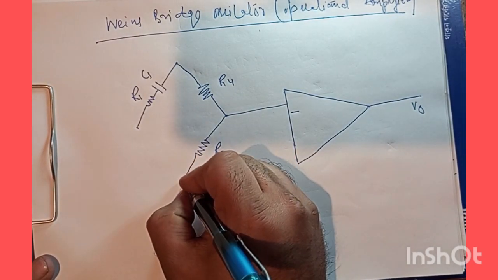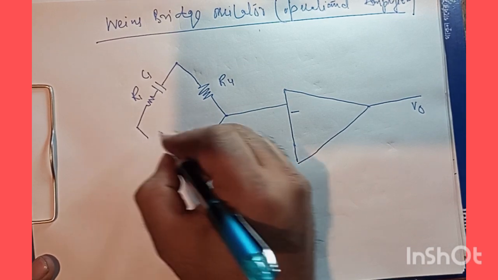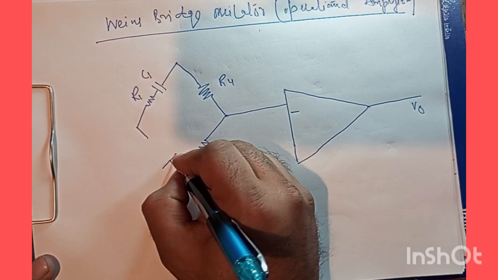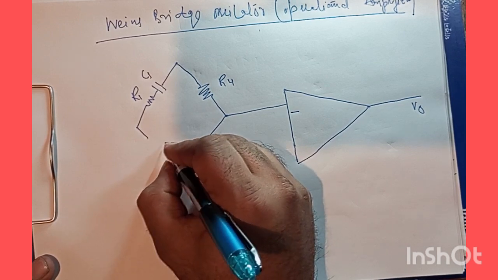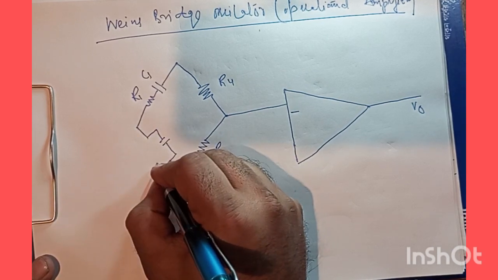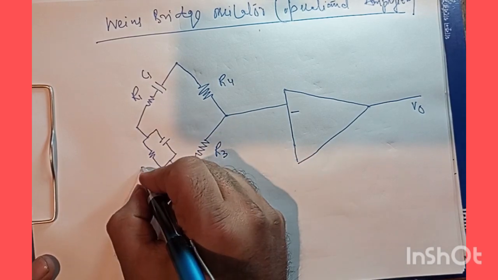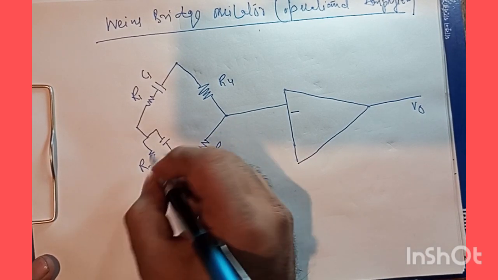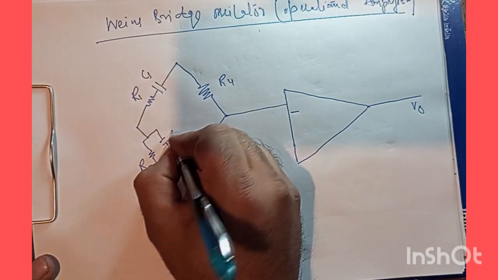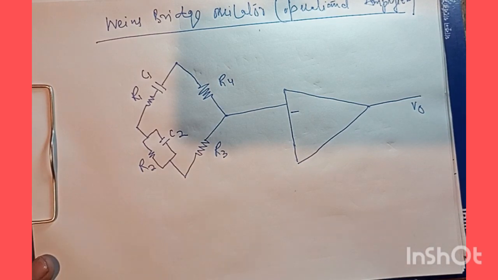And then to close it, we have a parallel RC combination. Okay, it has to be like this. So let us assume this is R2. So R1, R2, R3, R4, and let's assume that this capacitance is C2.